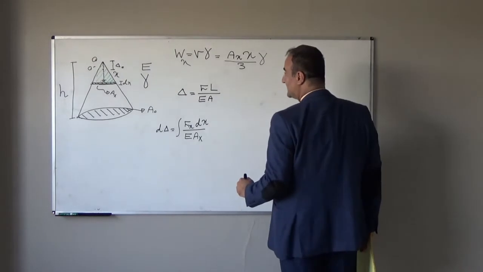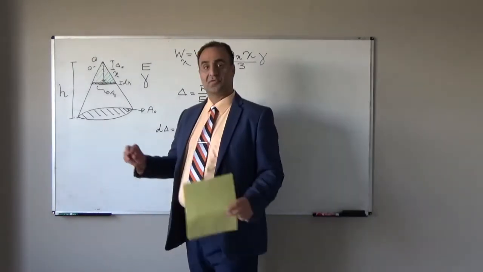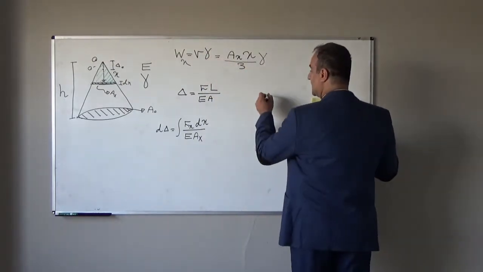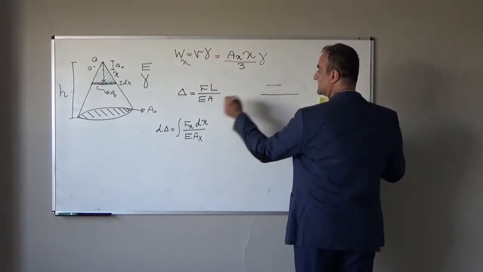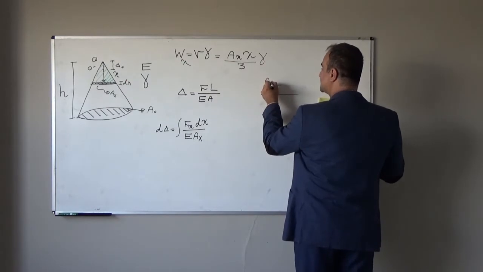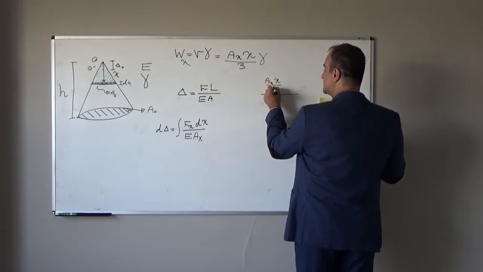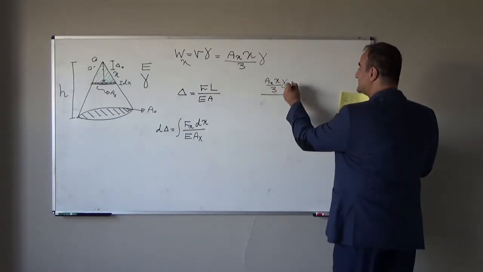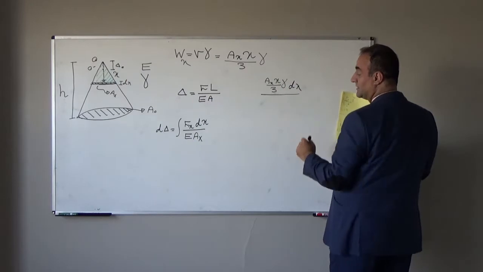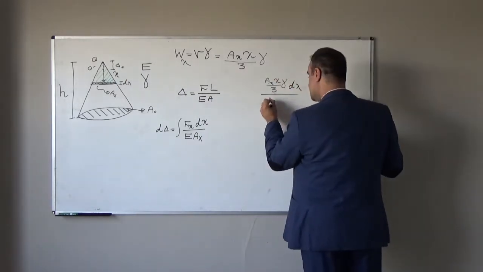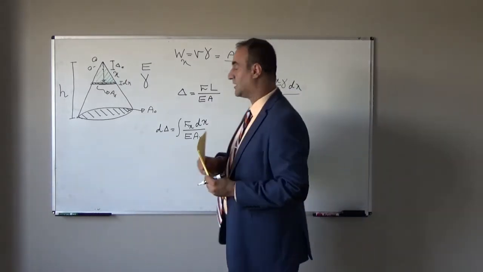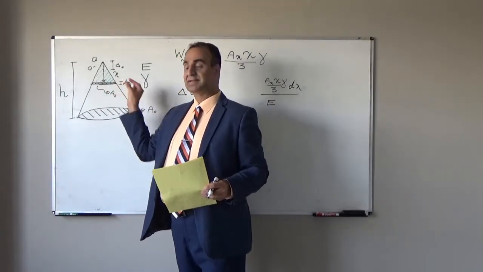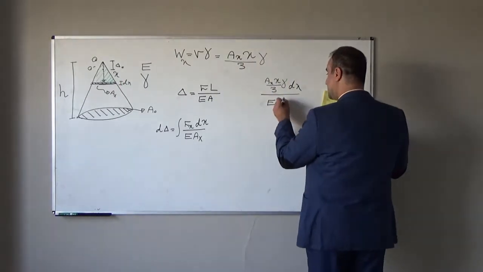Okay, that weight applies force for differential length dx. So I can write, instead of fx, A and this x over 3 times gamma times dx, divided by E, cross-sectional area for this cut point, for this differential element length, again it is AX.